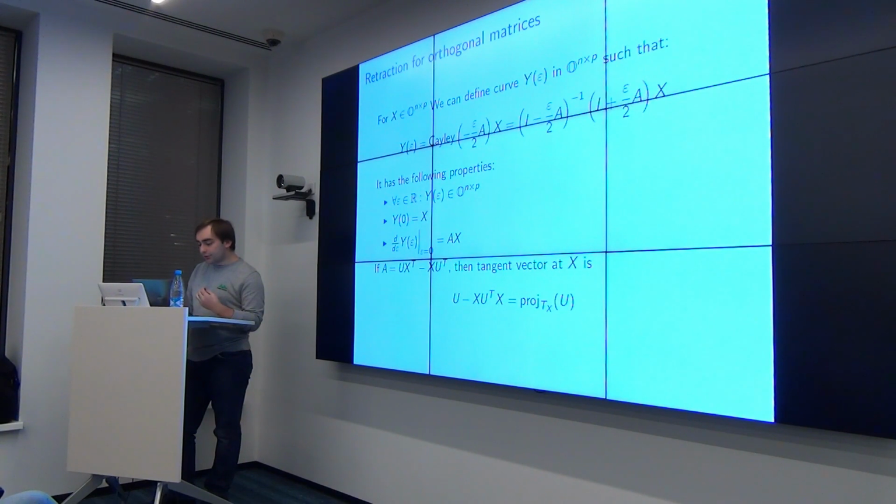And if we choose A in the right way, we can get any direction we want. If we choose A as this, then the tangent vector will be the projection of some vector u onto the tangent space. For example, if we take u equals minus gradient, we will get some locally minimizing curve because we go in the direction of the Riemannian gradient.